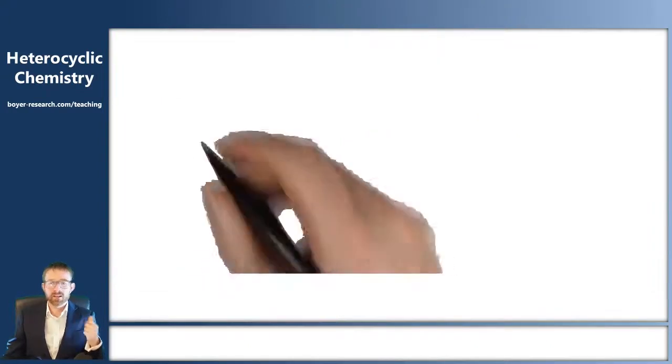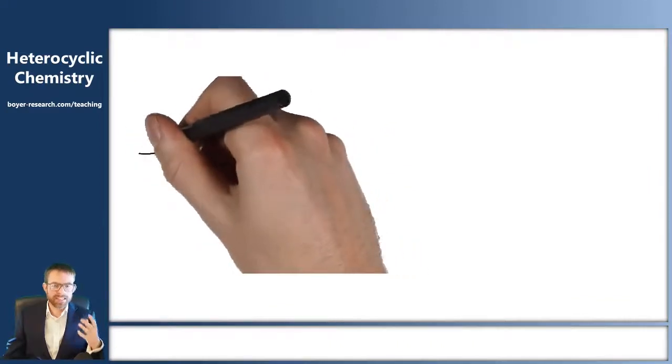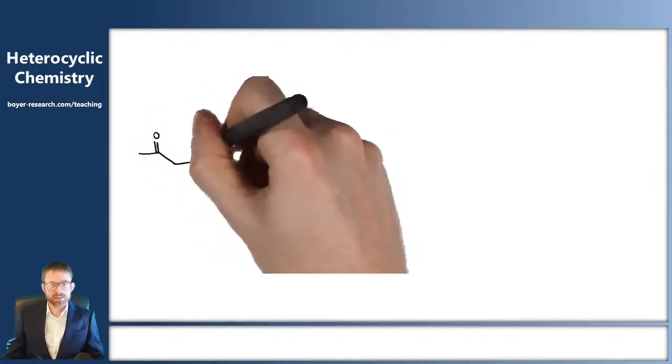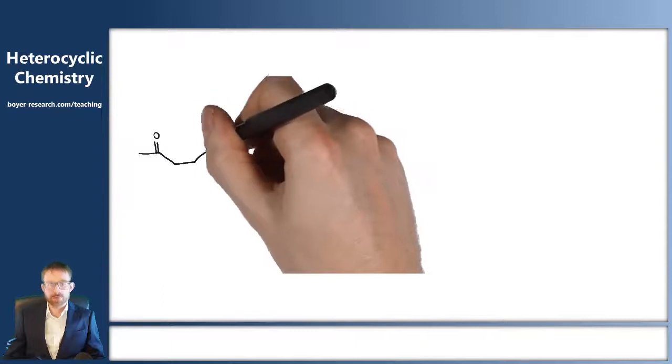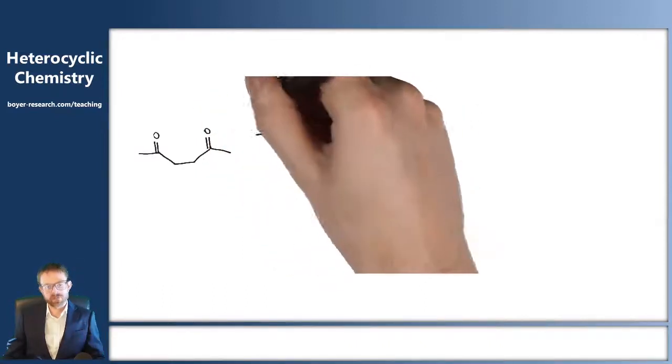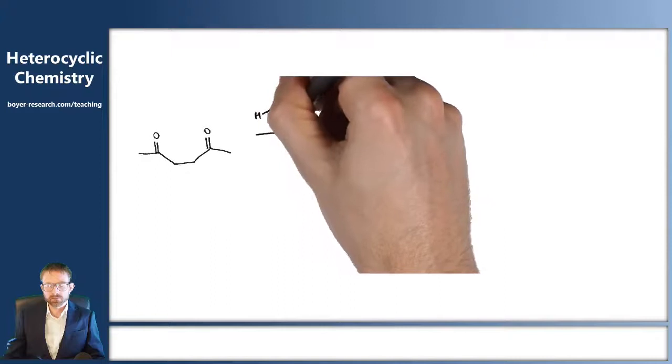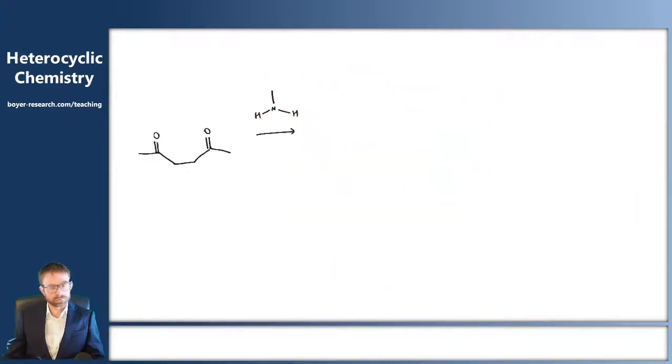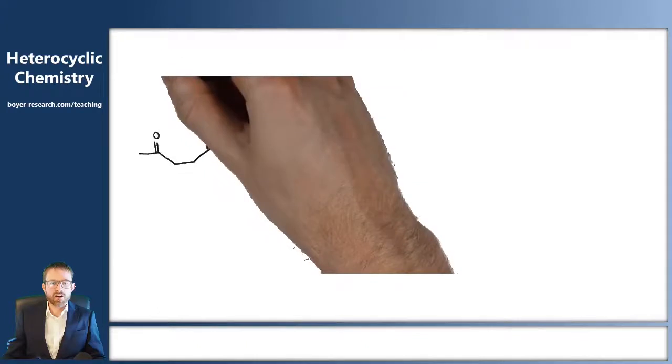If we look at it in a little bit more detail, we have our key 1,4-dicarbonyl species and our amine. That provides us the nitrogen that we need for our pyrrole. The acid will activate the carbonyl so that our amine will attack.